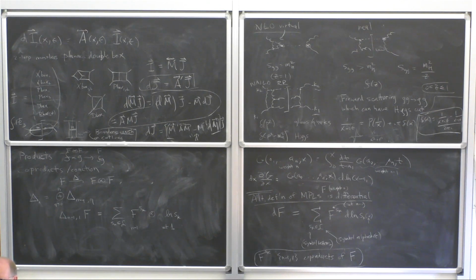So the thing about the symbol is it expresses the functions, all of its derivatives, in terms of logarithms. And assuming you know all the relations between all the letters, then you know all the identities between logarithms. There's only one identity. The log of AB is the log of A plus the log of B. That's the only identity you need to know.